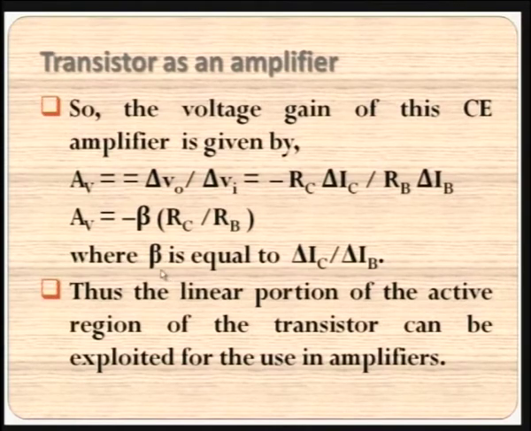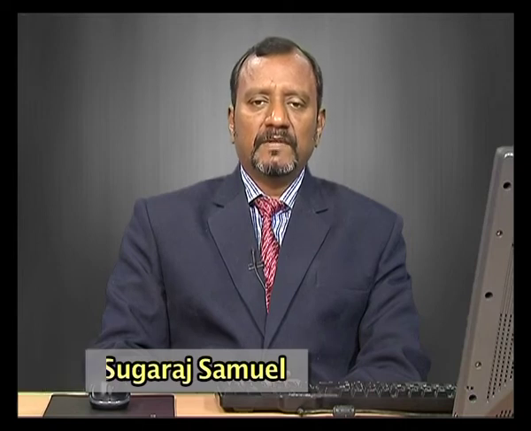Beta is a very high value. This concept we have learnt in one of the earlier lectures. We have even got an expression relating the beta value and the alpha value. Alpha is the current gain in common base mode and beta is the current gain in the common emitter mode. These two have a relation. That relation we have derived.